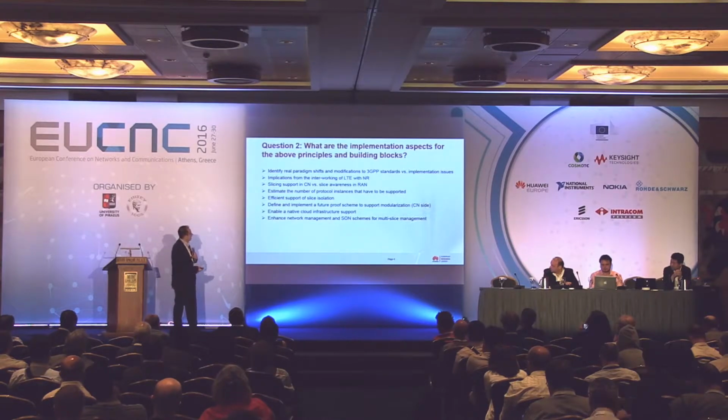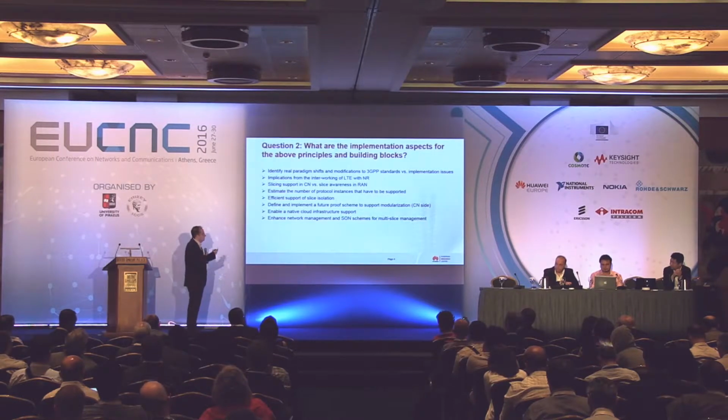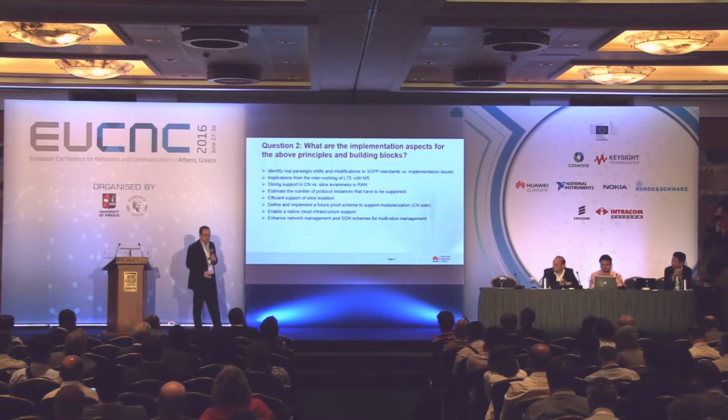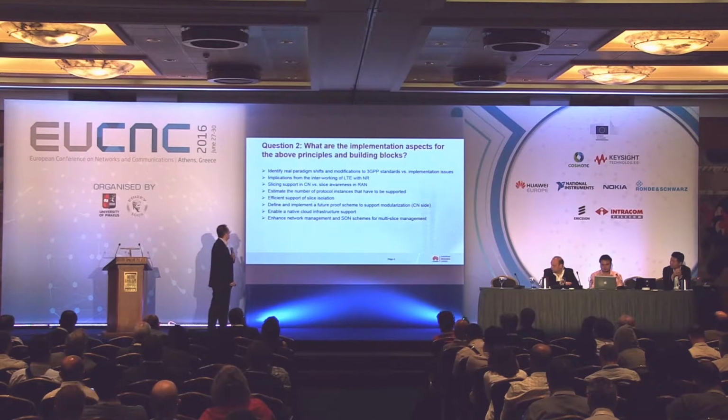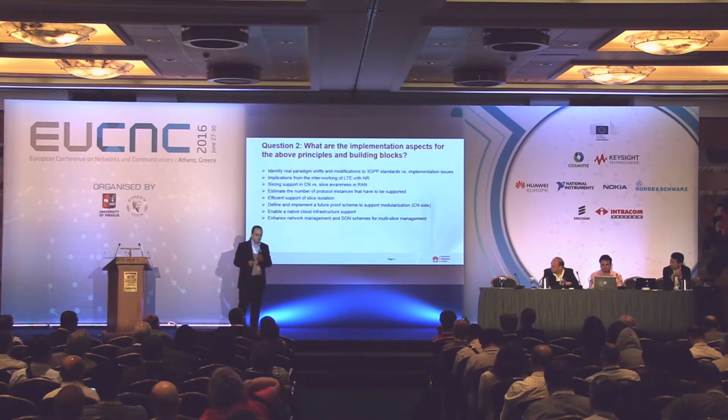So there are things like, as the previous presenters discussed, what are we going to do with LTE, the interworking, the core network, the different interfaces, how are we going to deploy and support the slices, and how can we support the cloud infrastructure natively. You know, it's very difficult to go end-to-end in the network from the UE to the PGW and spend hundreds of milliseconds when you really need tenths of milliseconds.